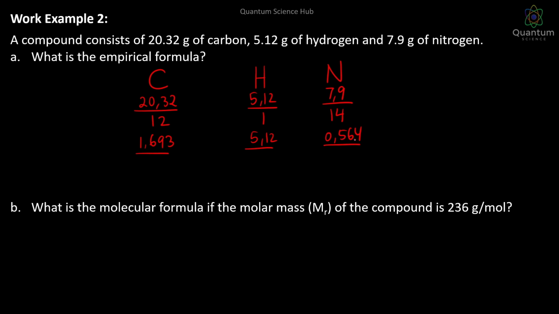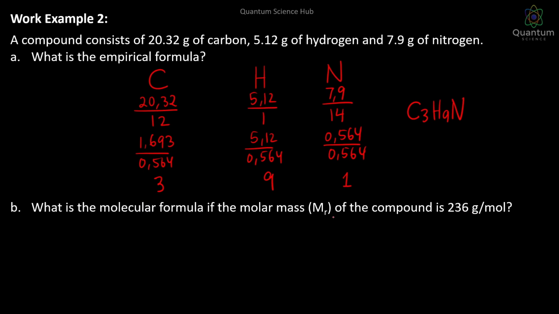So all of them divide by 0.564. In here, you will have 3 and 9 and 1. So the empirical formula here is C3H9N.